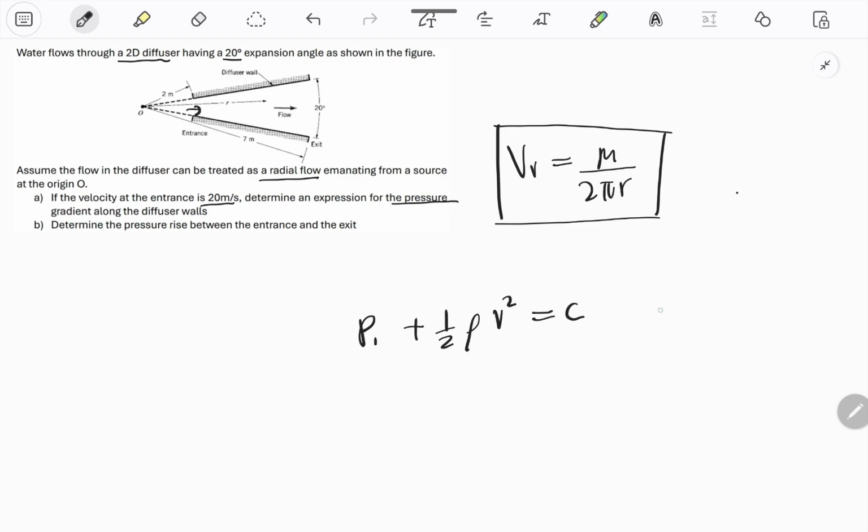So they want us to find the pressure gradient. Okay, fine. So in here, this velocity is the velocity in r, to be specific.